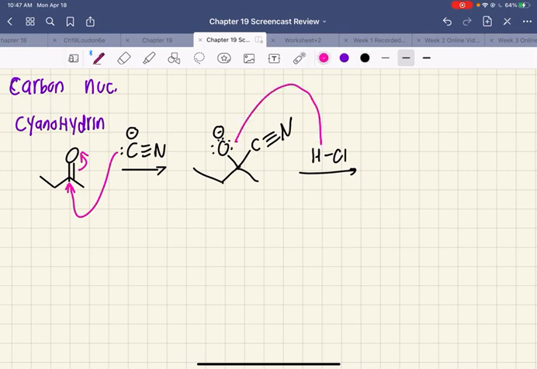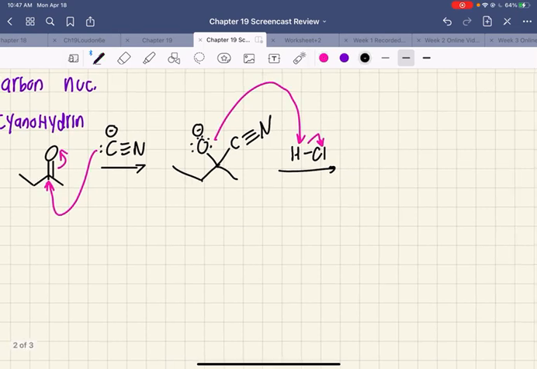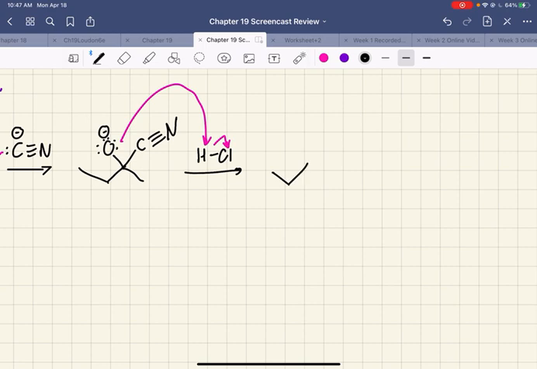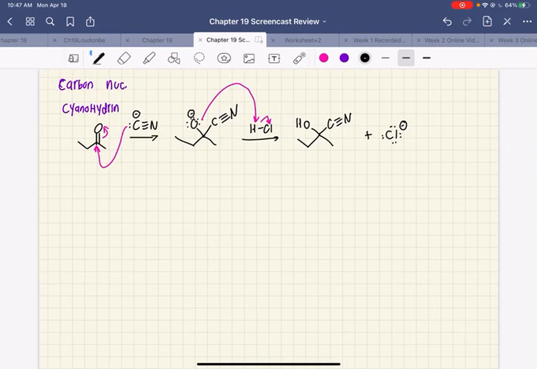Now the lone pairs will attack this hydrogen, causing it to form an alcohol. This is the final product, plus Cl minus. So that was a cyanohydrin reaction.